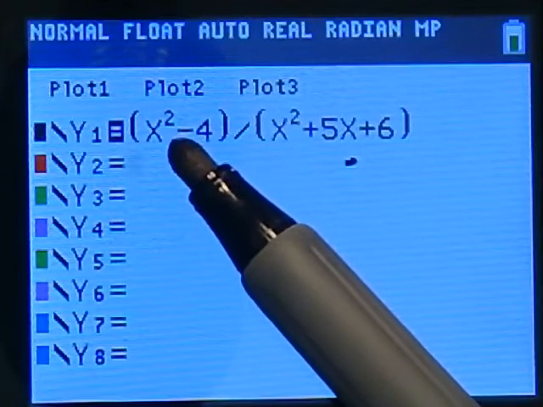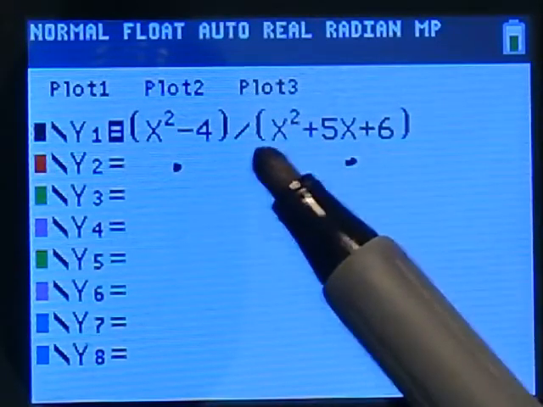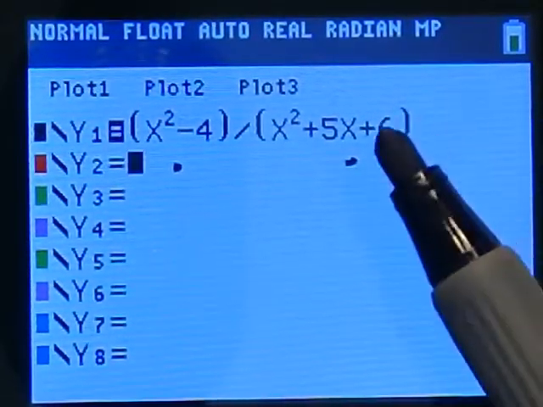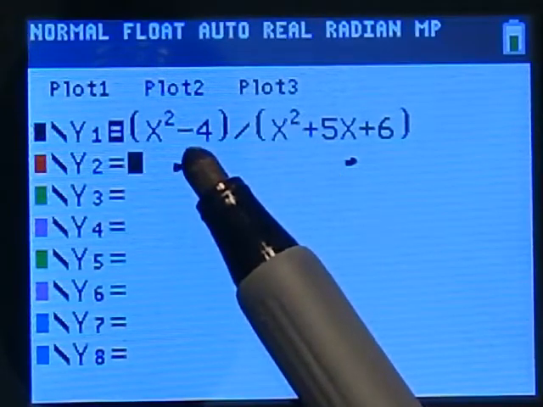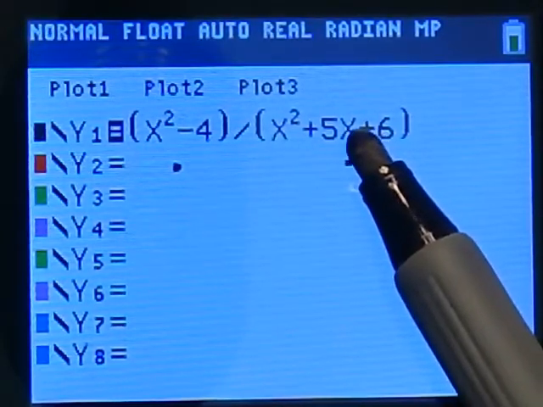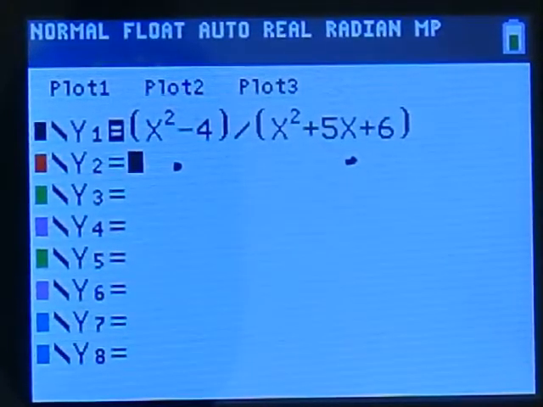The numerator is separate and the denominator is separate. If I didn't put the parentheses here, order of operations would take over and it would end up dividing 4 by x squared and then all the other stuff would get added. So we've got to make sure you're using lots of parentheses as you do this problem.